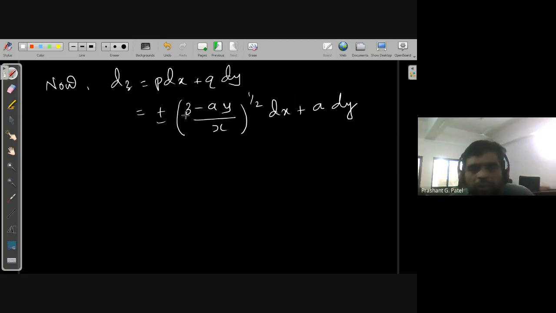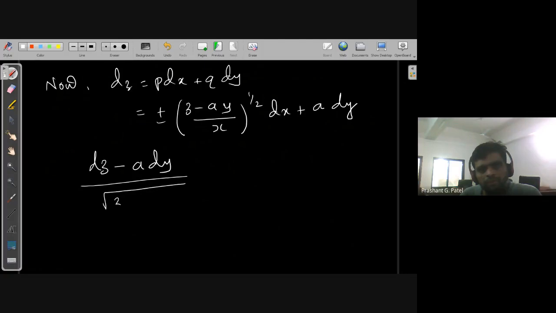Now you just multiply by this quantity on both sides. Divide by z minus ay on both sides, and take the ay term to the other side. So we'll have dz minus a dy upon square root of z minus ay equal to plus or minus 1 by square root of x dx.